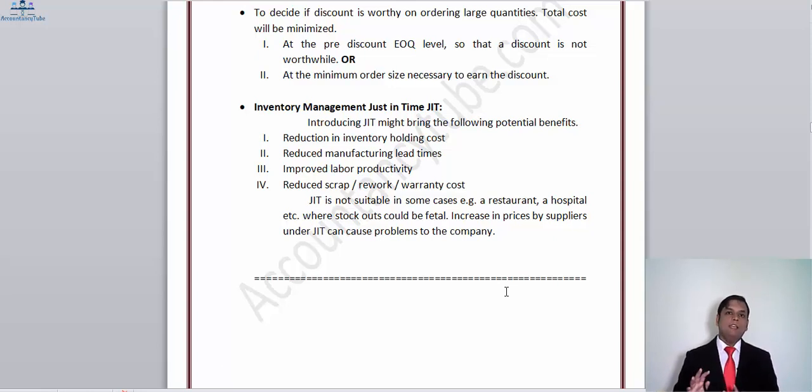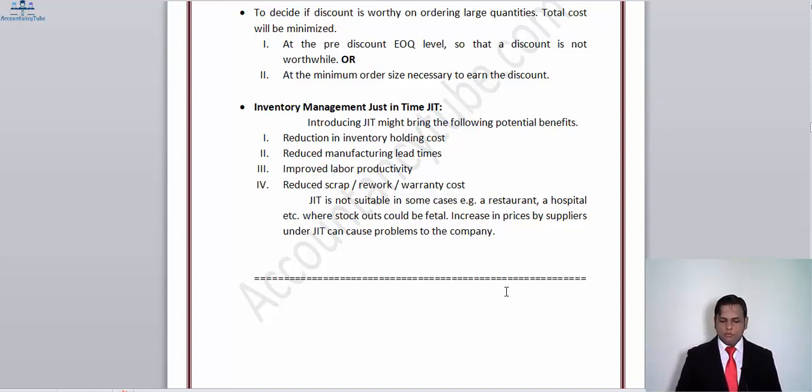So this is not the highly recommended thing when it comes to demand and supply. However, if everything is certain and it's in a country where there is not a lot of fluctuations in the prices, then this system could be followed.